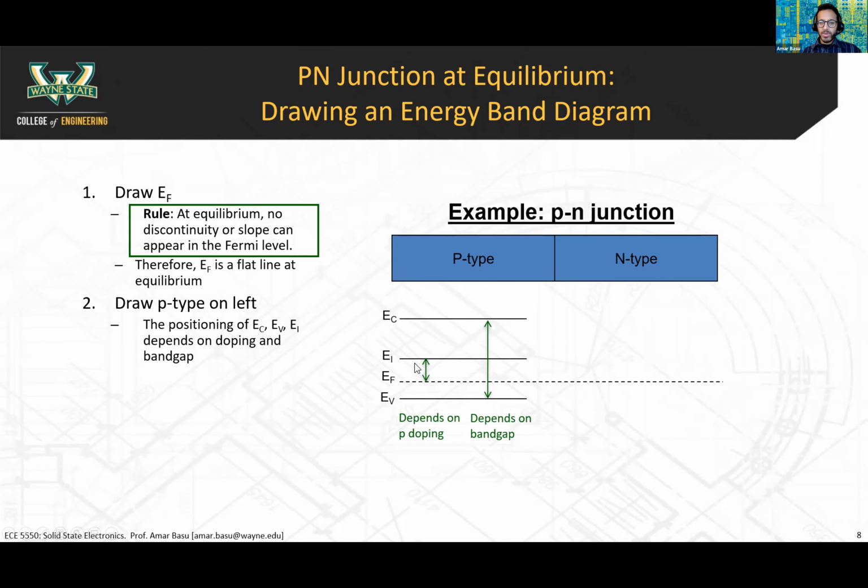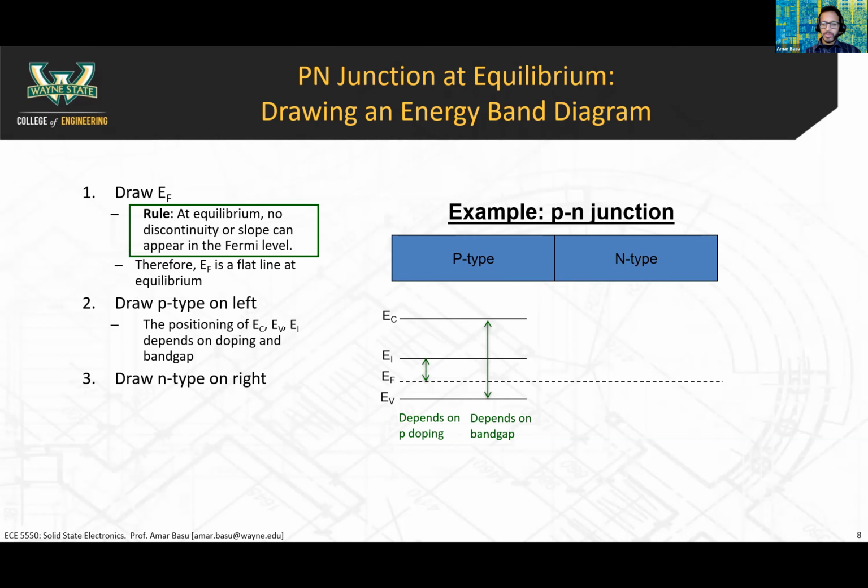That will give you where your intrinsic level is. From there, you can position EC and EV, and the distance between those depends on the band gap. So based on the doping, you can basically draw this entire band diagram on the left side.